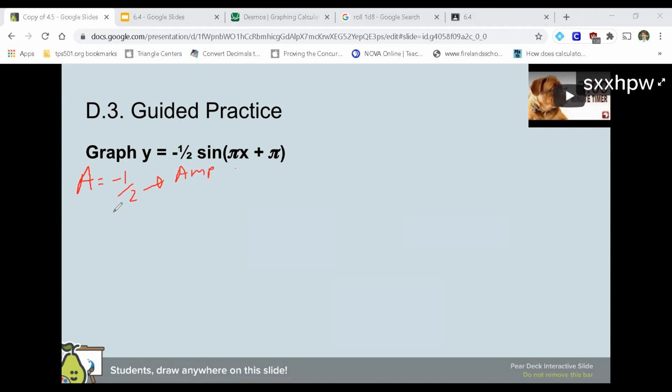So that tells us that we have a range from -0.5 to 0.5. What about the fact that it's negative? What does that do? Reflect over x. All right, our b value is pi. What does that tell us? That tells us the period.